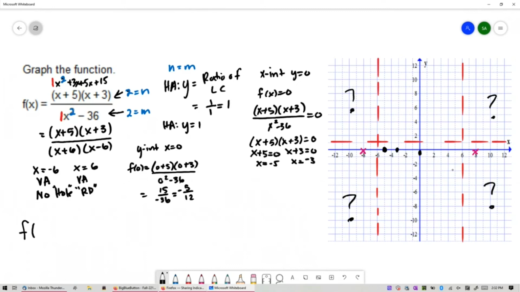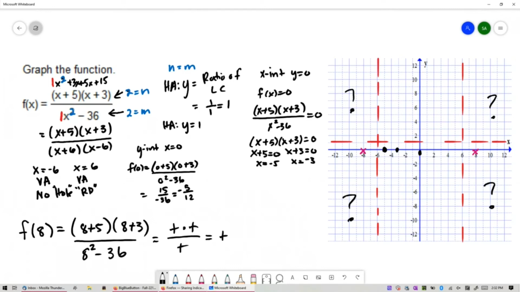So f of 8 is (8 plus 5)(8 plus 3) over 8 squared minus 36. So that is a positive times a positive over a positive, and that's positive. So that tells me that my graph will be in this positive part over here.